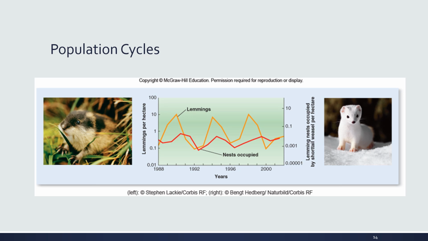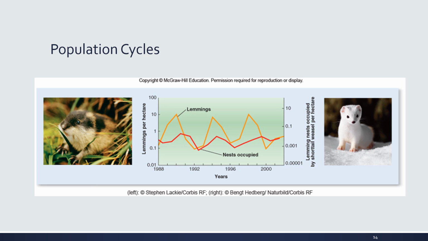When you look at this graph, as lemmings go up, usually their upward population is due to a stagnant or downward population of the predator. Okay, now what we also can see here is that as the lemming population goes down, the predator population goes up.